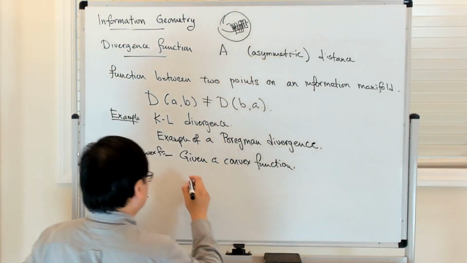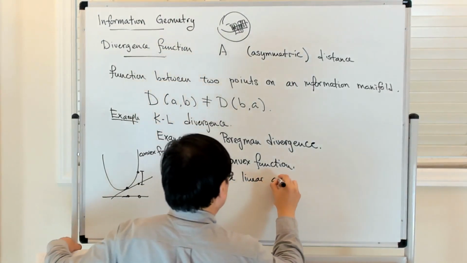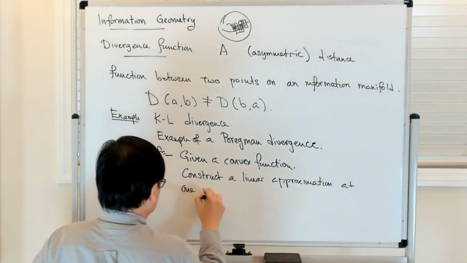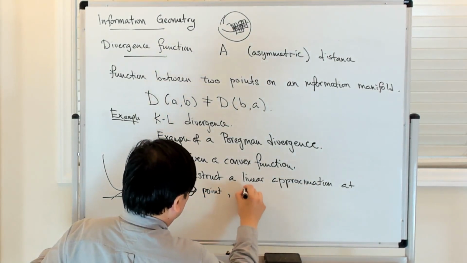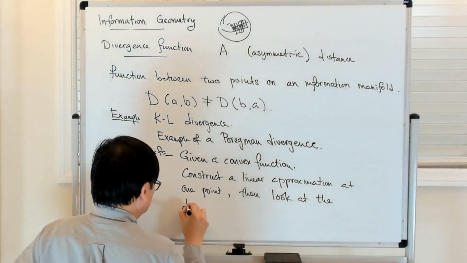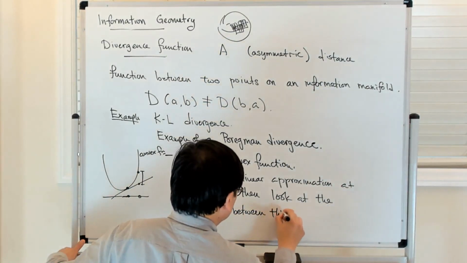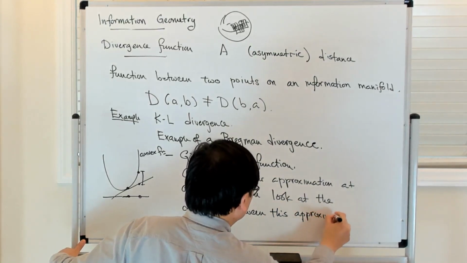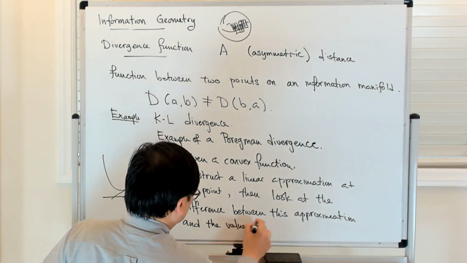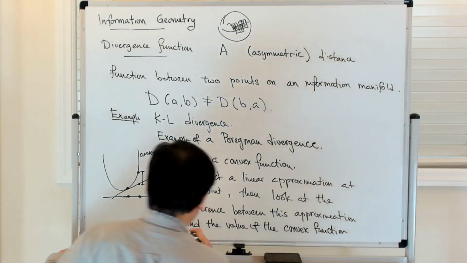Okay, so given a convex function, you construct a linear approximation at one point, and then you can look at the difference between this approximation and the value of the convex function at a second point.